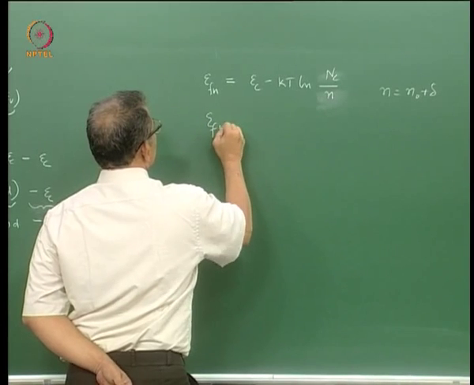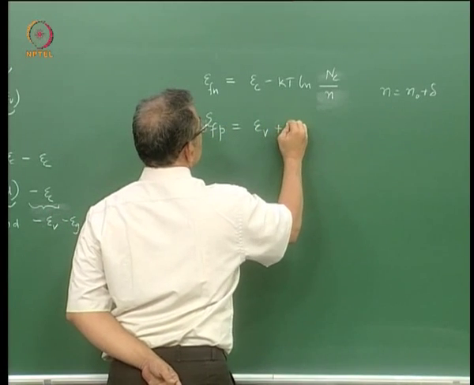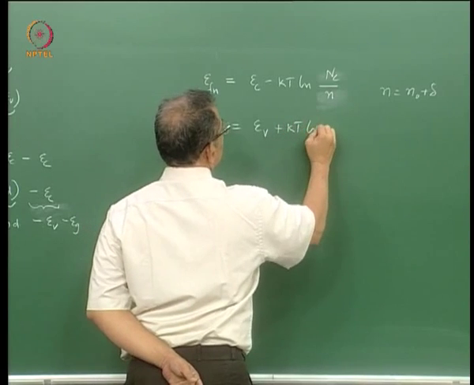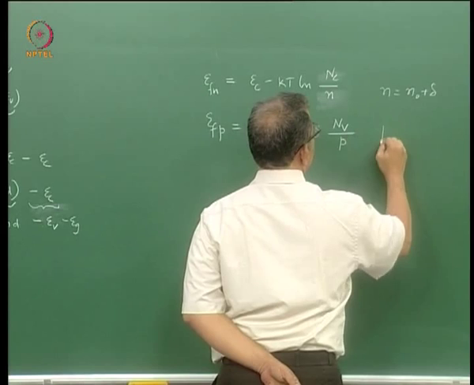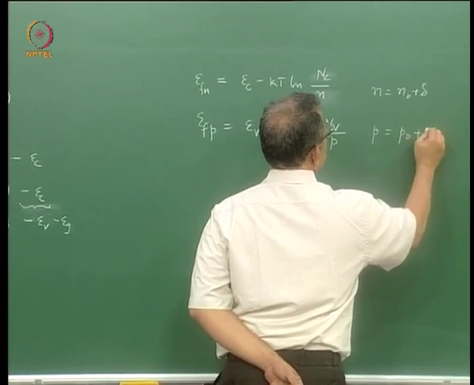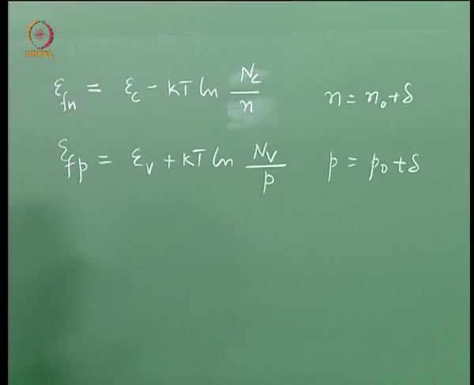And similarly for holes it is EV plus KT into ln NV upon P. P is equal to P naught plus delta. Excess carrier concentration is the same for electrons and holes.